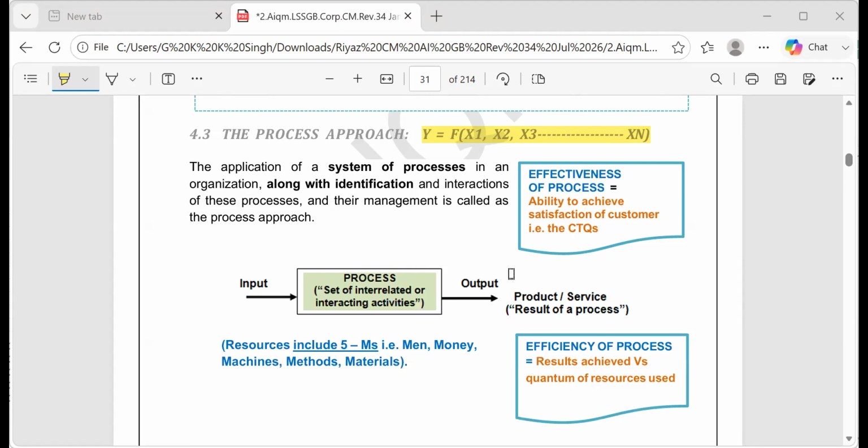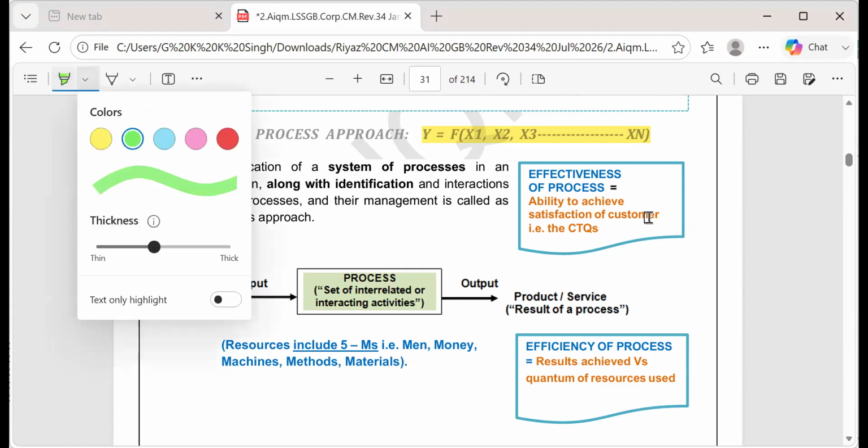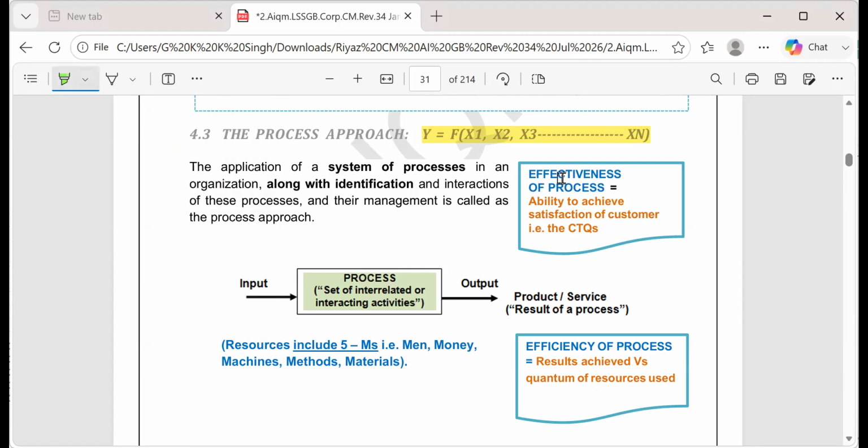So in this method, when we are talking of improving the process, we are talking of 2 things. One is making the process more effective. What do we mean by making the process more effective? It means improving the ability to achieve satisfaction of the customer. If you satisfy the customer, it means your process is effective. And the other is making the process more efficient.